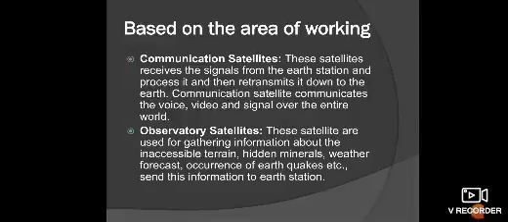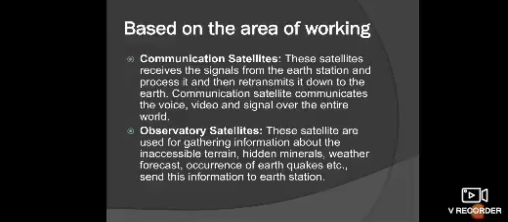Communication satellites communicate voice, video, and signals over the entire world. That means whatever data has to be transmitted from one place to another is called communication. For that reason, we use a separate satellite called communication satellites.